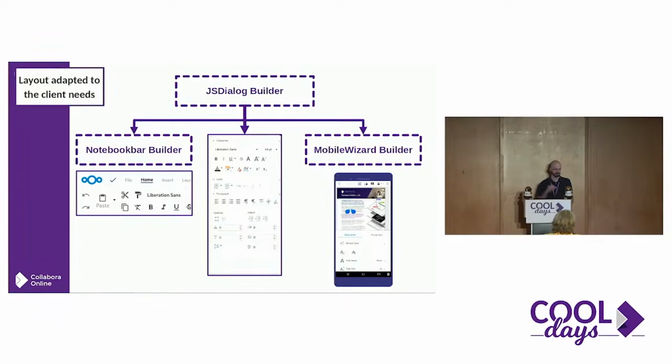It's actually the same thing, but adjusted for the desktop, like the right one for the mobile. We have also specialized builder for notebook bar, which works slightly different because we needed some custom widgets there.